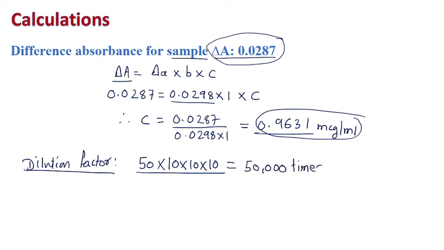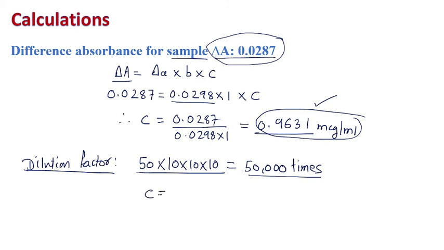That means the original sample from the tablet triturate was diluted 50,000 times to obey the Beer-Lambert's law, because you know the Beer-Lambert's law is obeyed only in dilute solution, right? So if I multiply the concentration I obtained here with the dilution factor, I will get the concentration of my drug in the sample which I used for the dilution.